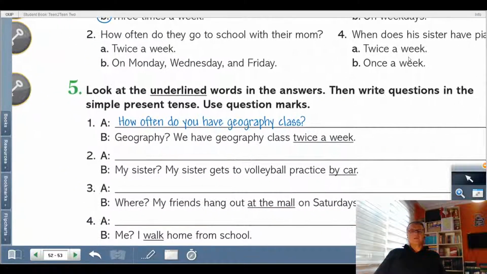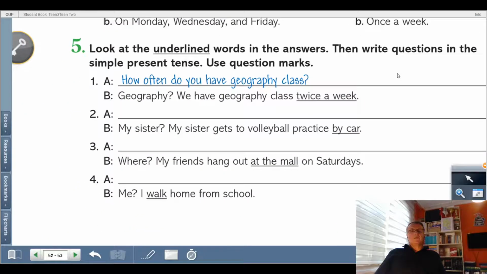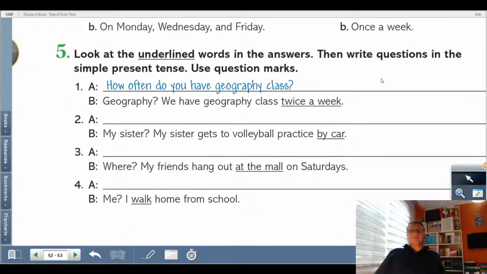Okay, let's check. Now look at the underlined words in the answers, then write questions in the simple present tense. Use question marks. How often do you have geography class? Now, twice a week. For twice a week, you have to ask how often. For example, look at B2.